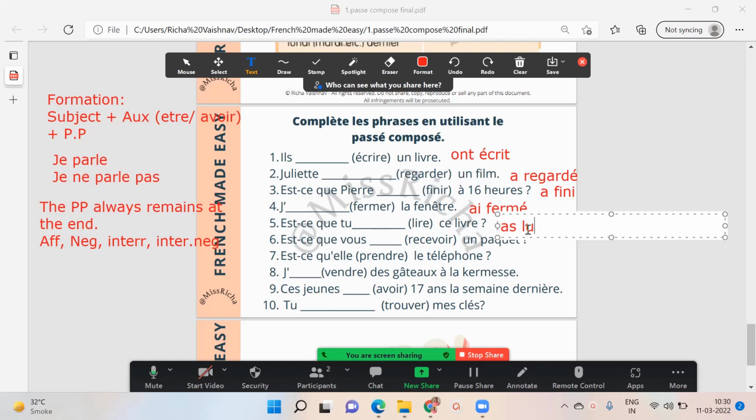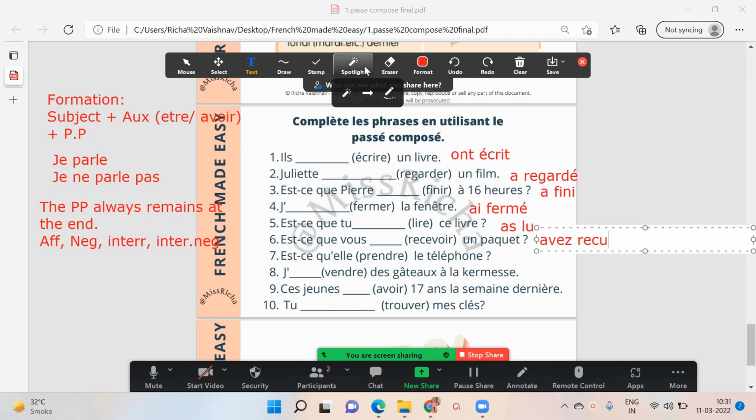Its past participle is lu. Okay, this is there in the list of the irregular verbs' past participles. Yes. Next will be est-ce que vous recevez? No, where is the auxiliary? Where is the helping verb, sorry. Avez. Yes, vous avez reçu. Reçu. A C which has a cédille down. Okay. Yes.